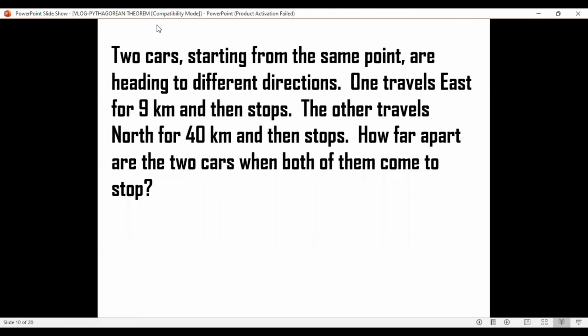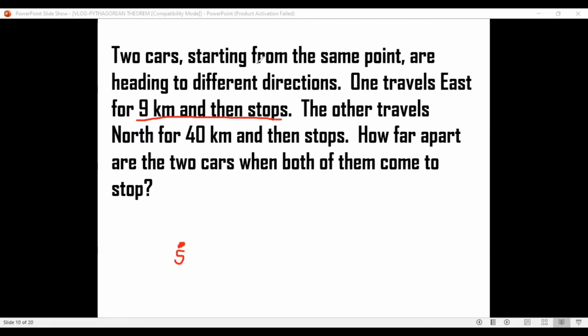So here, what do we have? There are two cars who are heading to different directions. One is going east. So that means to say if this is the starting point, so let's just have this as the starting point, which is now your point S. Now there is one car which is heading east and it travels for 9 kilometers and then stops.